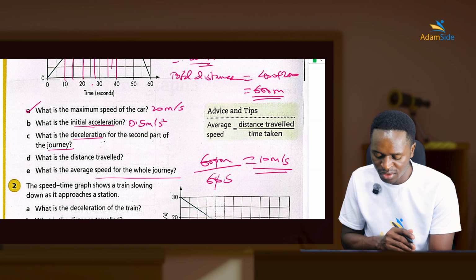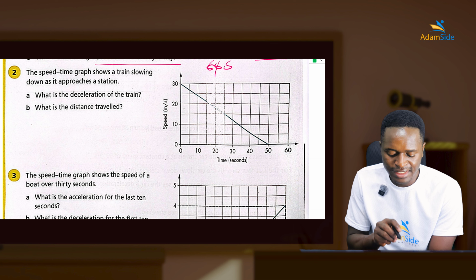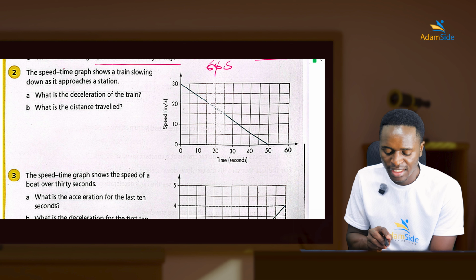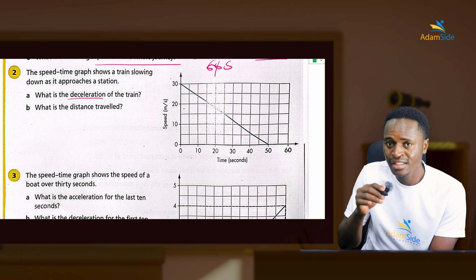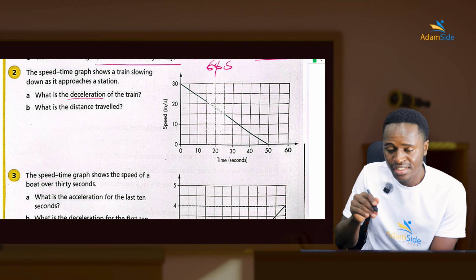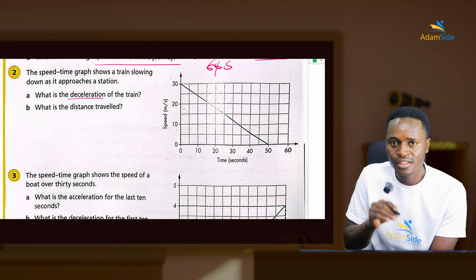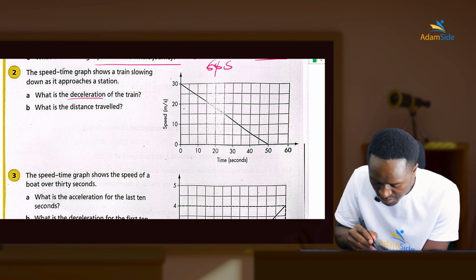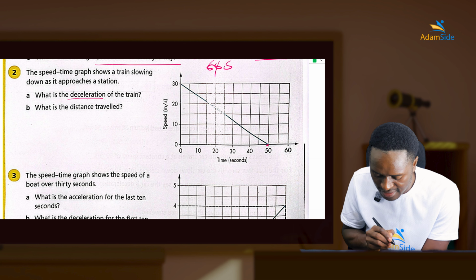Let's try question number 2. The speed-time graph shows a train slowing down as it approaches a station. What is the deceleration of the train? Deceleration is the rate at which speed decreases per given time. You can see the speed is decreasing from 30 meters per second to 0 in 50 seconds.